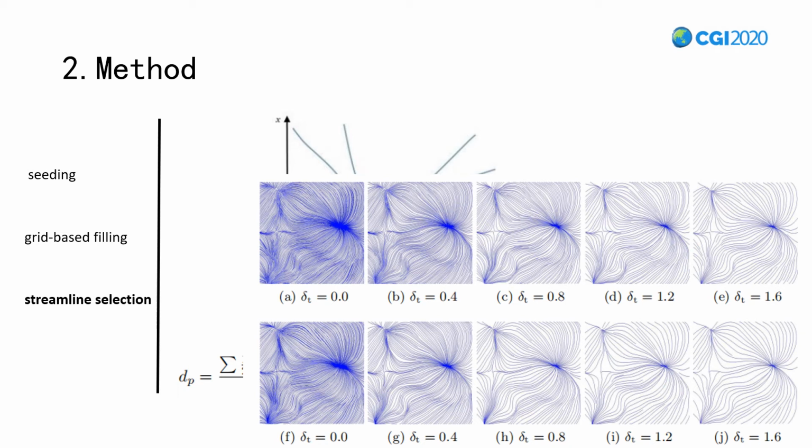It can be seen that with different distance thresholds, we can get results with different density, and all of the results meet the three criteria. Besides, for the images with the same parameter, the image with a larger grid resolution contains more streamlines than that with a smaller one.